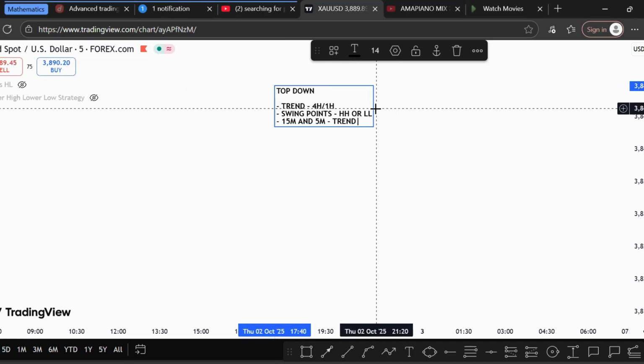For instance, if you are bullish from your 4 hour or 1 hour, you want to correlate that with the smaller time frame so you can take those entries.